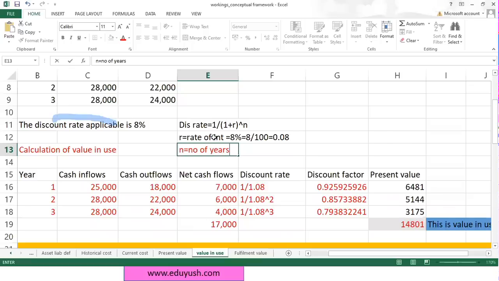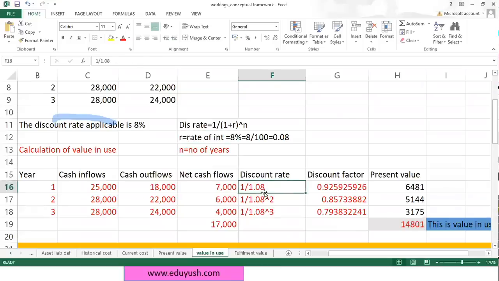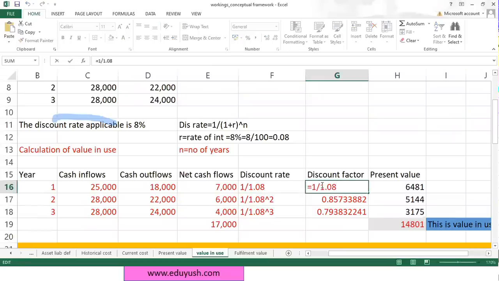In our question, they told us there are 3 years remaining life. 1 year, 2 years, 3 years. Clear? Understood what is a discount rate? So when I'm on year 1, I write 1 divided by 1.08 raised to 1. In the second year, 1 divided by 1.08 raised to 2. In the third year, 1 divided by 1.08 raised to 3, which I have written here as a formula.